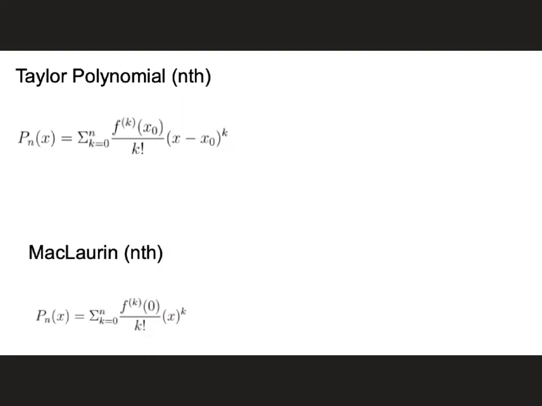Ooh, a Taylor polynomial and a Maclaurin polynomial. Okay, so let's look at this. This is saying the kth derivative, and then this is x minus the center to the k. Okay, so if I relate it to what we just did, let's write down.